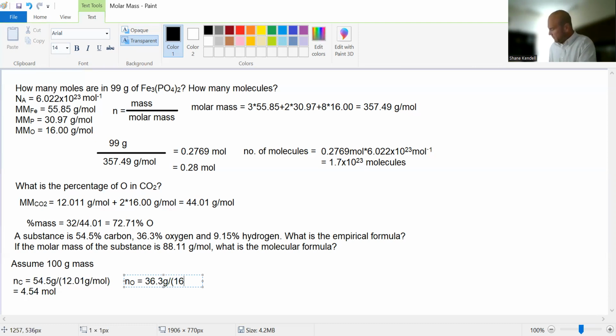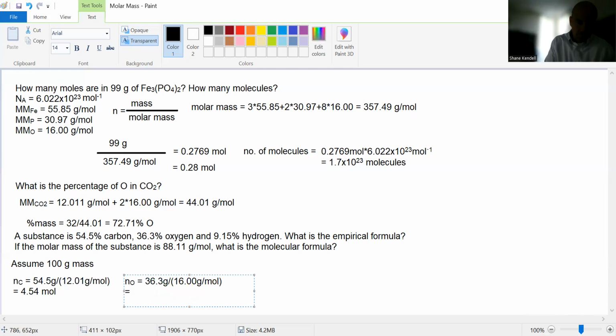We know it's 16.00 grams per mole. And then that's going to give us 2.27.